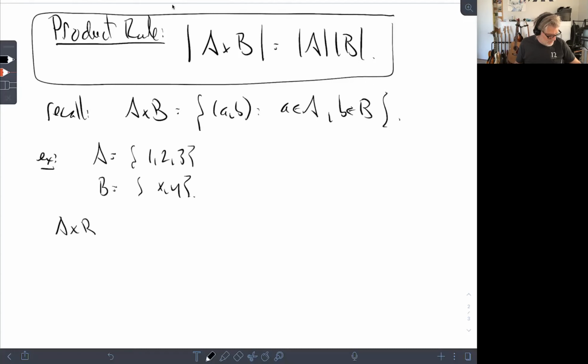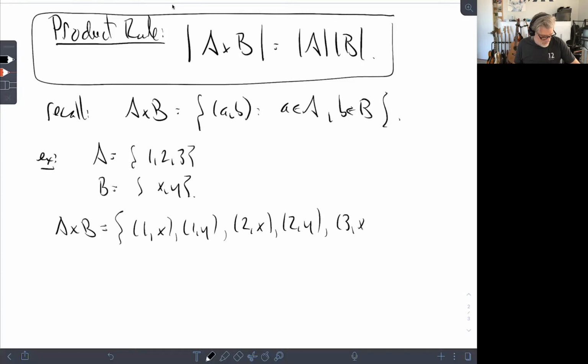Then A times B is the set of all pairs where the first entry comes from A, it's either 1, 2, or 3, and the second entry comes from B, it's either X or Y. So I'm going to list them in a specific way: all the pairs that start with 1, and then all the pairs that start with 2, and all the pairs that start with 3.